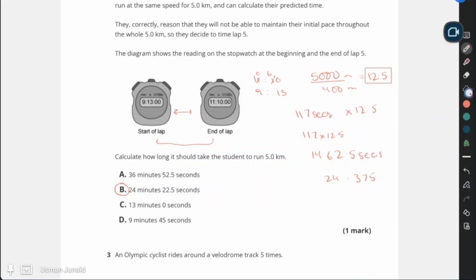He was basically trying to find a ratio, right? Okay. So that's what he did. And if he runs 400 meters 12.5 times, the total distance he's run is 5 kilometers, yes or no?